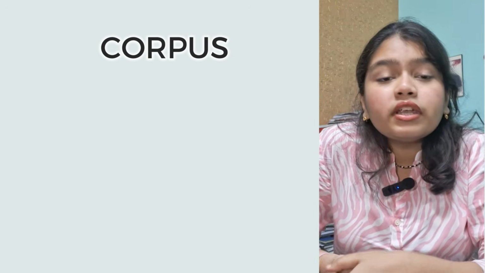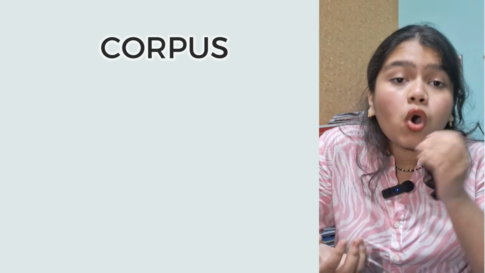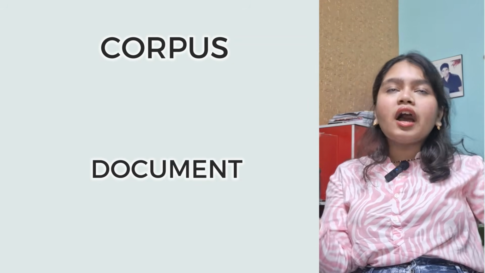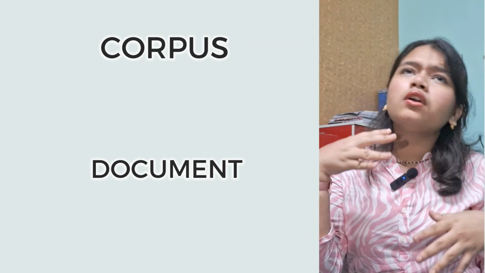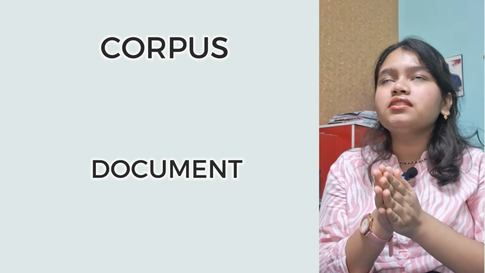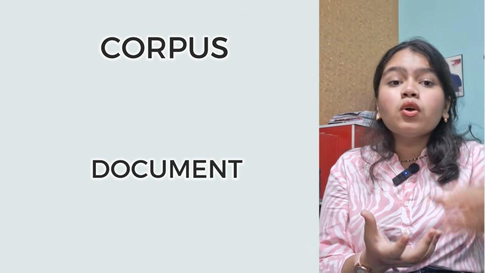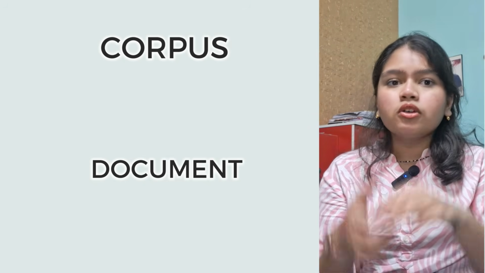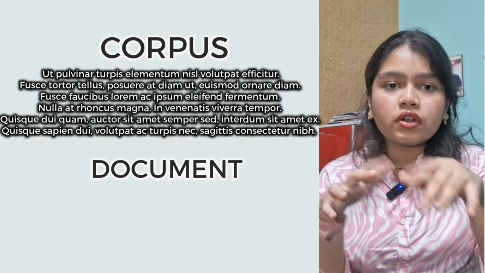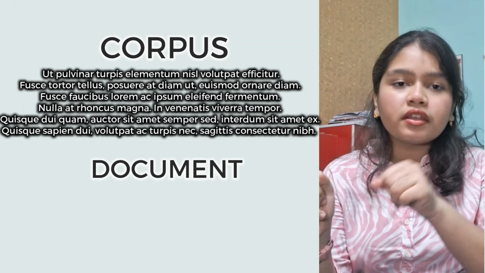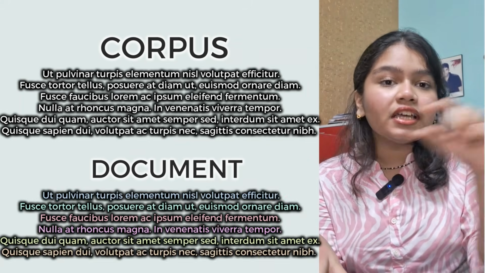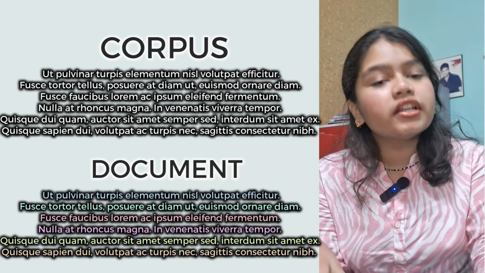Okay. Now let us understand the difference between a corpus and a document. So a corpus means a large collection of text, okay, of articles, of rhymes, of email, and a document means it is a single piece of text within the corpus. So if we imagine, if we give a paragraph to the AI model, okay, if we type a paragraph, then that paragraph is the corpus, and the sentences in the paragraph, they are the document.